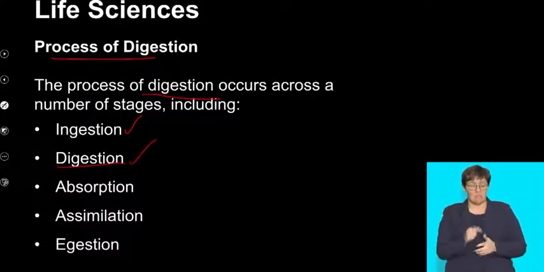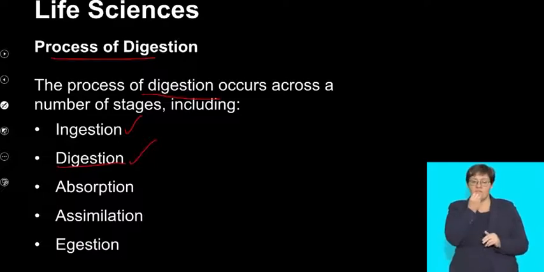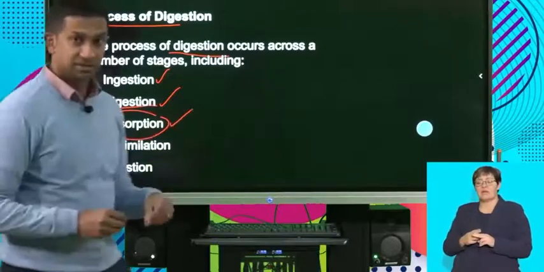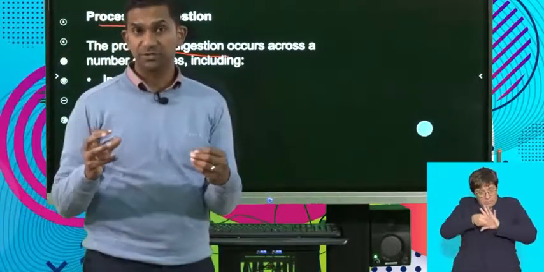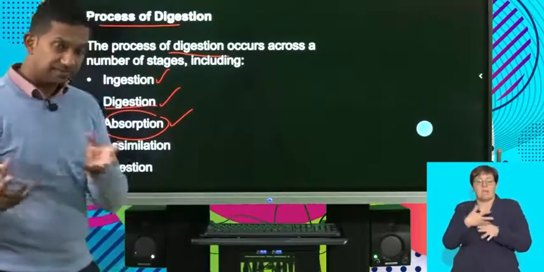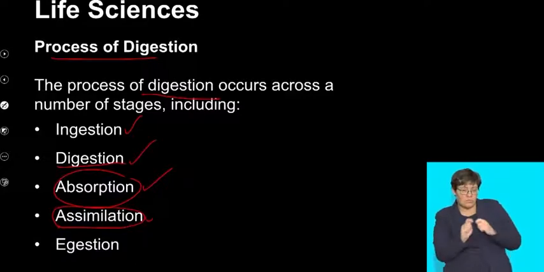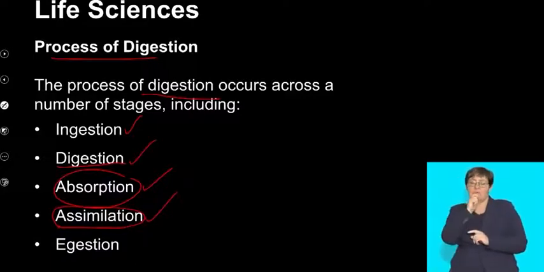And once digestion occurs, we know that the food has been broken up into its simplest molecules. We would then need to absorb those nutrients, the building blocks of those complex molecules, into the bloodstream and then transport them to cells where they are assimilated, meaning used up.